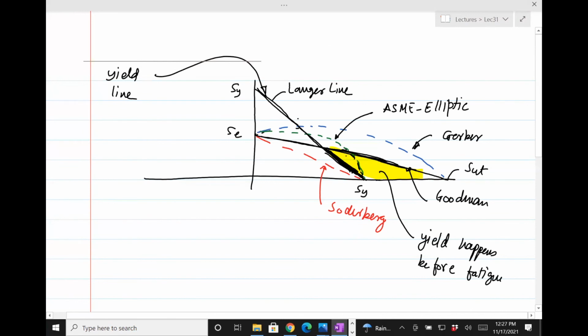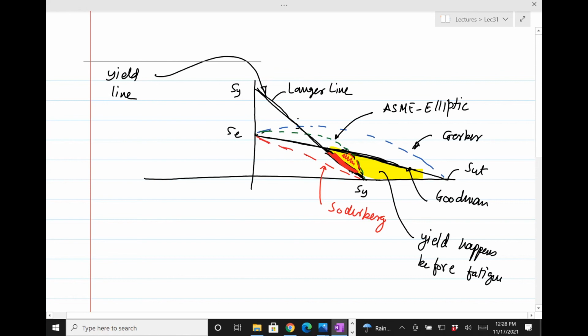Okay, so right here, you can see that yield is below the ASME elliptic line. And also, you can see that for the Gerber, the yield line is below the Gerber line. So in all those three cases, you need to check yield before you can be sure that there's no yielding. So in addition to checking those equations which I wrote down, you also need to check yield.